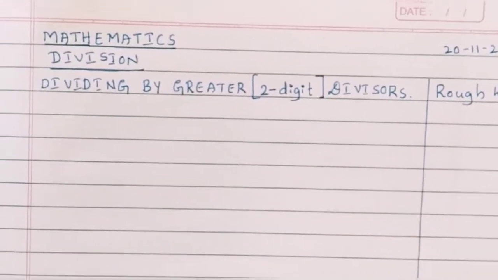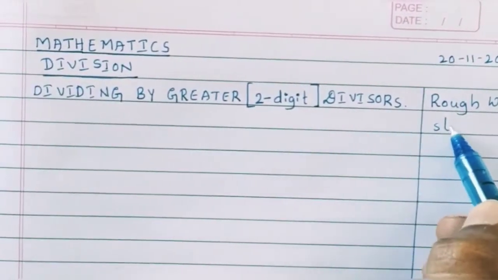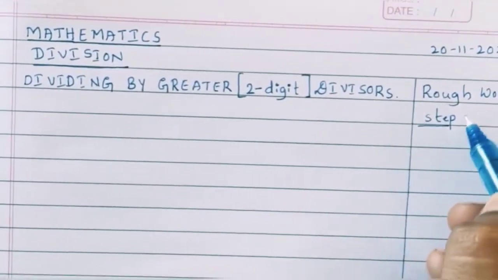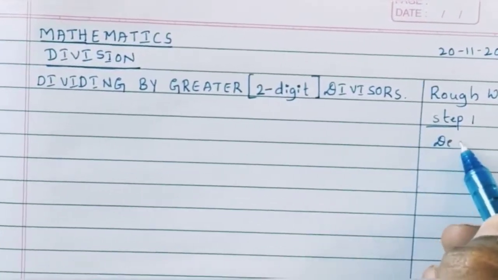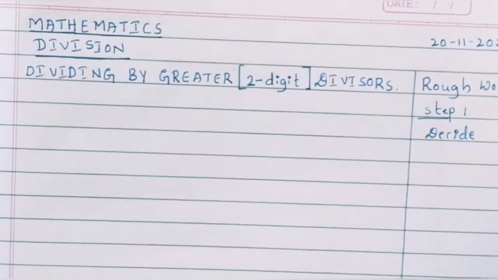It's very simple. First, just recall the steps which you have to follow for division. In the first step, you have to decide where your division should start.